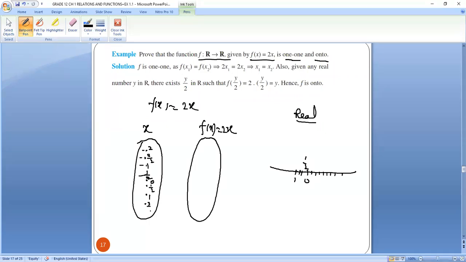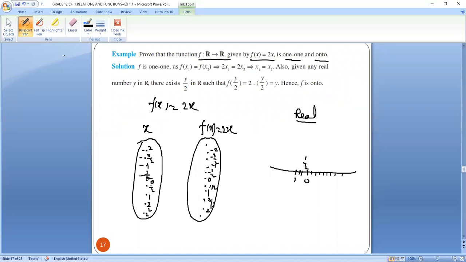And f of x is 2x, which also has 0, minus 1 by 2, minus 1, minus 3 by 2, minus 2, 1 by 2, 1, 3 by 2, then 2, and so on.